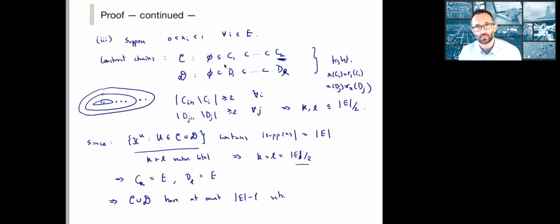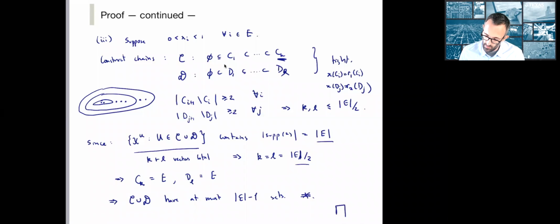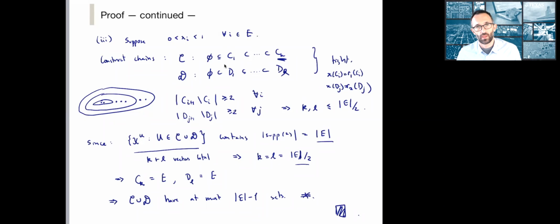We contradict lemma 3, because there is no way that we can have E independent vectors out of a collection of E minus 1 independent vectors. So this is a contradiction, which finally we use to conclude the theorem. So this proves this characterization of Matroid intersection, the Matroid intersection polytope.